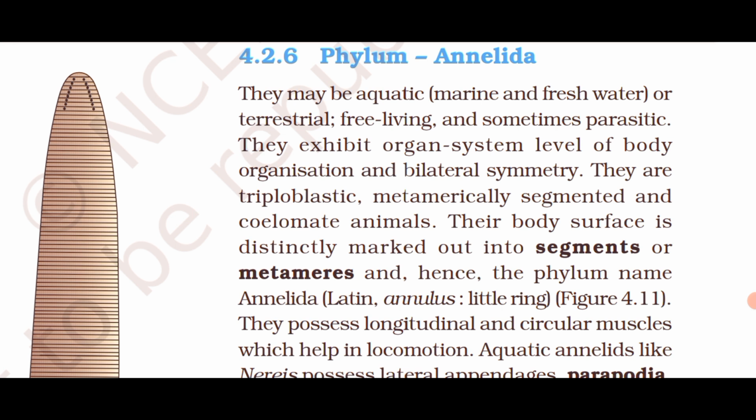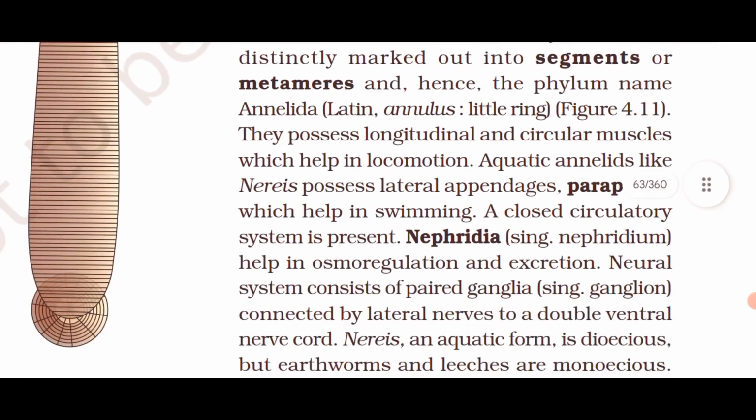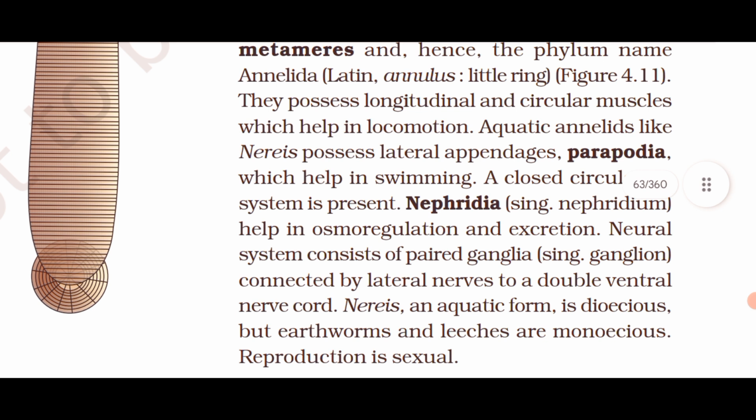Their body surface is distinctly marked out into segments or metameres, and hence the phylum name Annelida, Latin annulus, little ring. They possess longitudinal and circular muscles which help in locomotion. Aquatic annelids like Nereis possess lateral appendages, parapodia, which help in swimming.